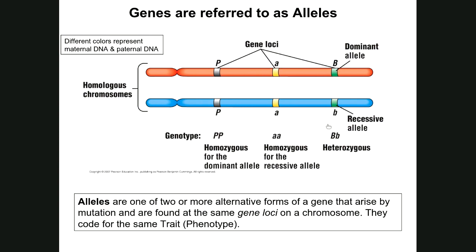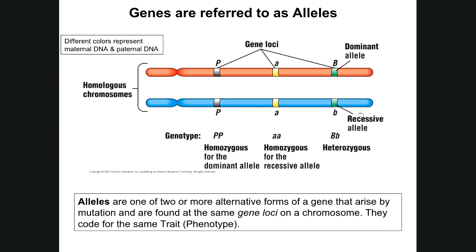That means that when they inherited a homologous pair of chromosomes, one from each parent, at the same gene loci, from one parent they may have inherited an allele that contains genetic information that will determine the phenotype. Whereas on the other homologous chromosome, they will have inherited an allele that codes for the same trait. However, it gets masked or hidden by the other allele. You can't see it in the phenotype. It's hidden. We call that the recessive allele.